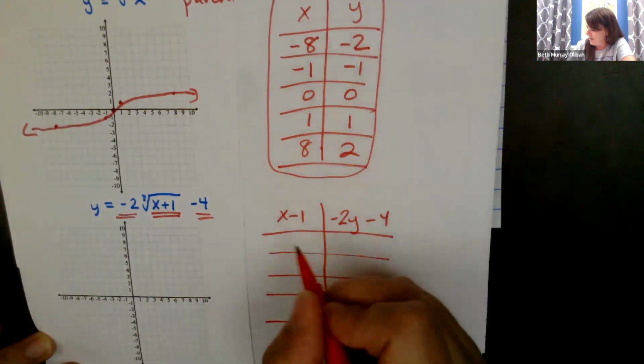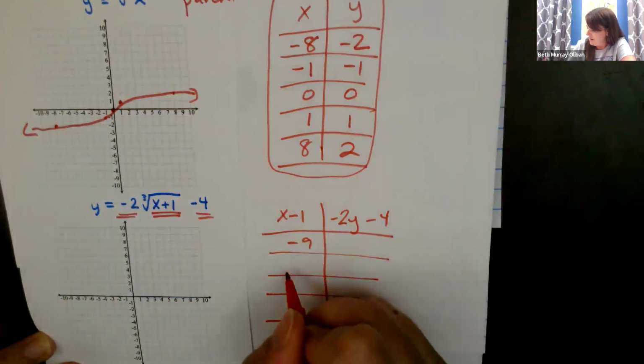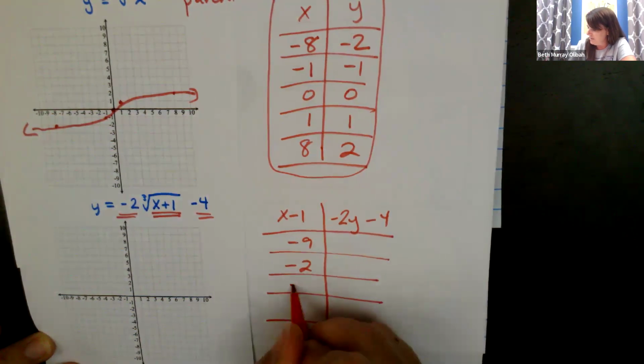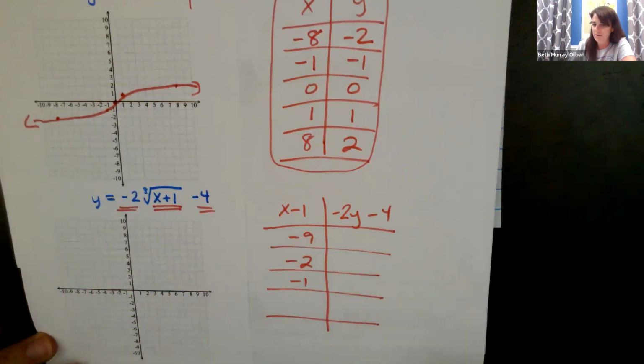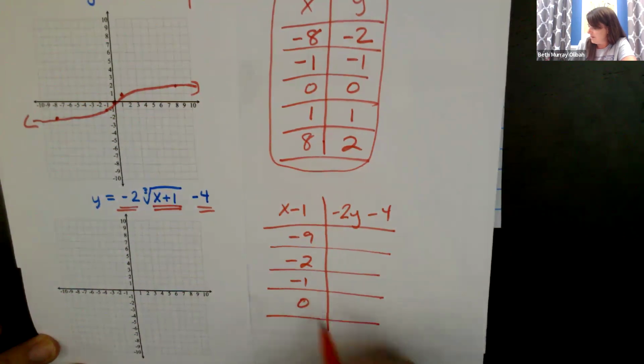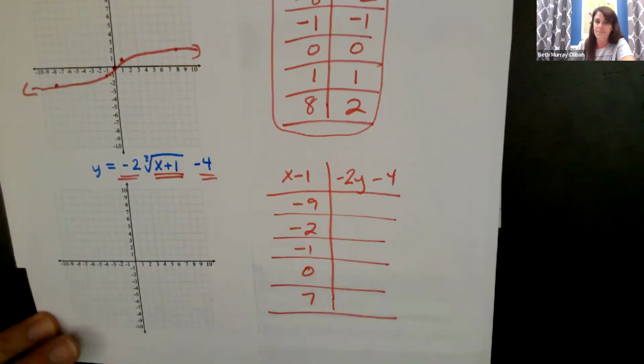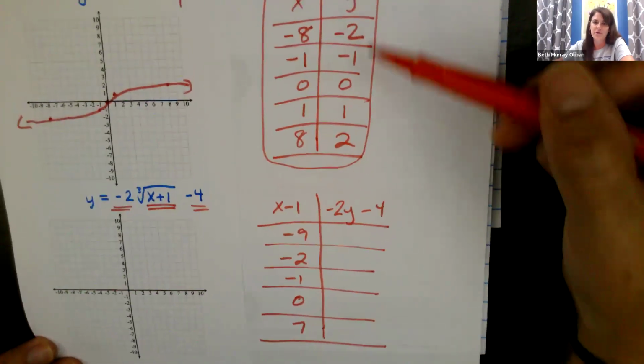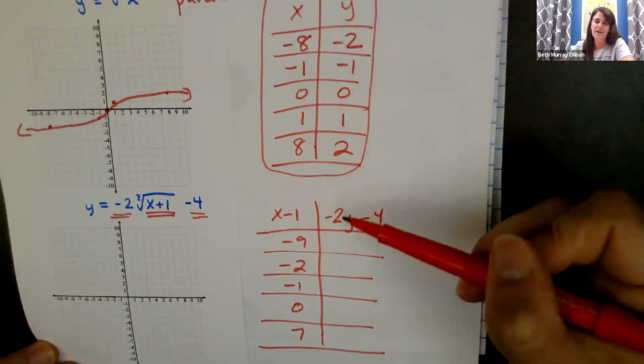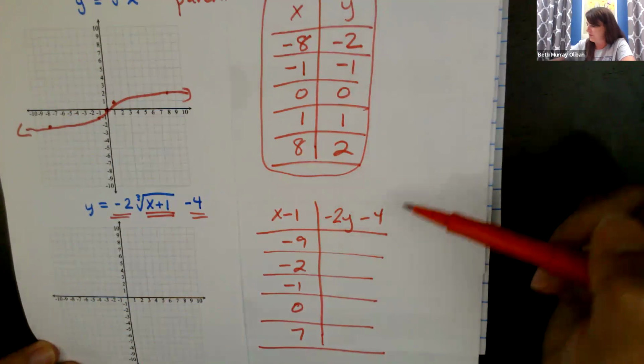So -8 minus 1, -1 minus 1, 0 minus 1, 1 minus 1, and 8 minus 1. That was the easier part. Now for the y's, we're going to do all of this. Multiply by -2 and subtract 4.